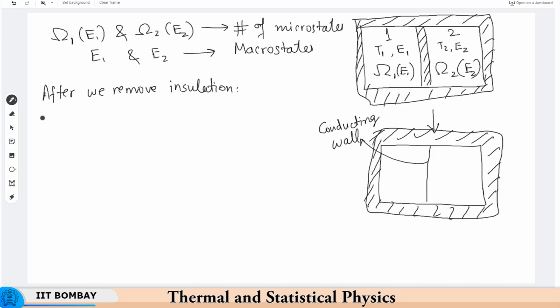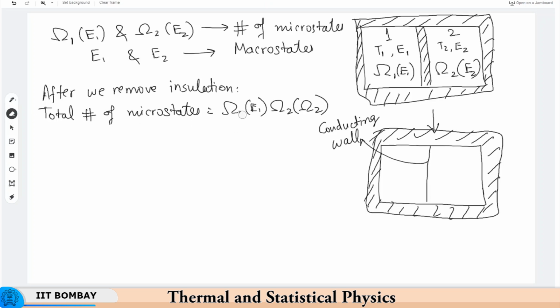So, that will become omega 1 of E1 multiplied by omega 2 of E2, right. So, they get multiplied, and why is that? Because corresponding to every microstate on the first system, there are omega 2 number of microstates on the second system, right, and therefore, it gets multiplied, all right.